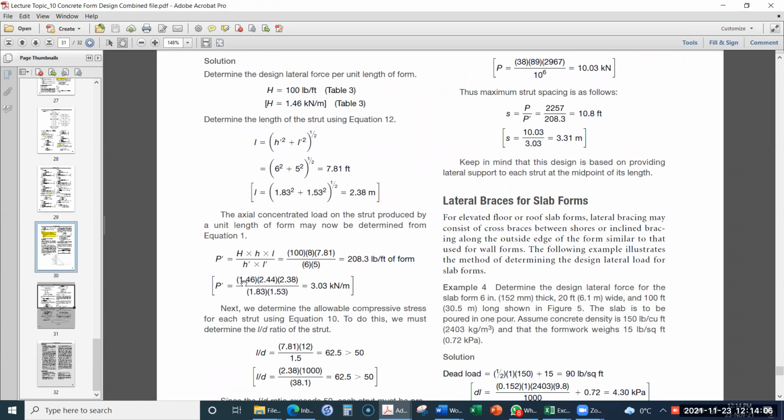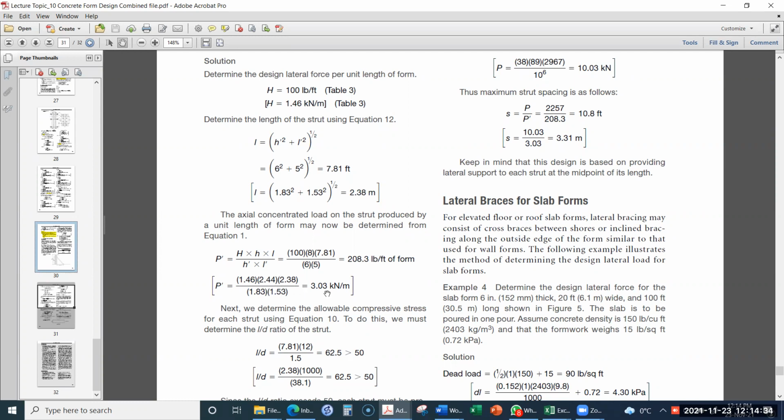So we take 1.46, which is the design horizontal load on the formwork, multiplied by 2.44 meter, which is the height of the formwork, multiplied by 2.38 meter, which is the length of the strut, and divided by the vertical height of the strut multiplied by the horizontal height of the strut. So calculate this value.